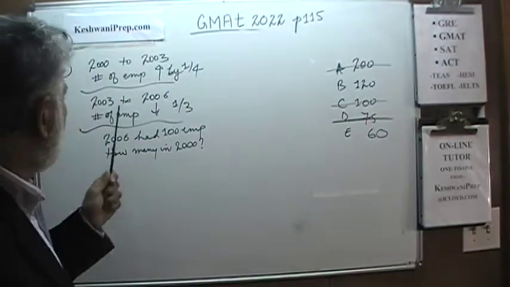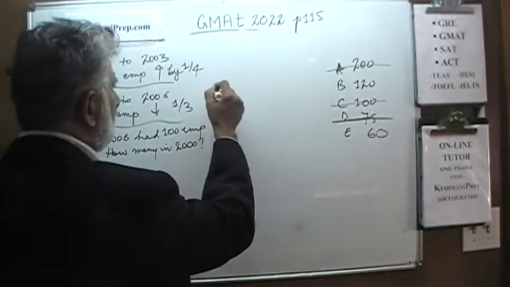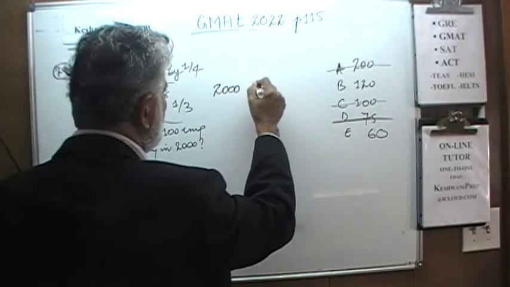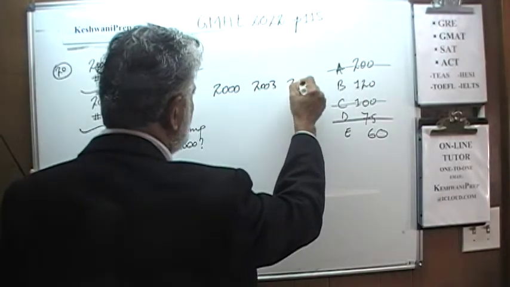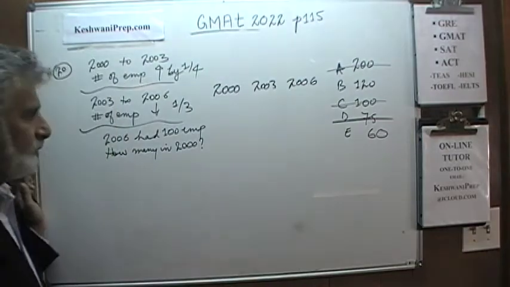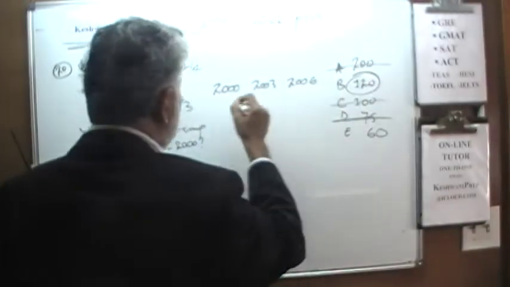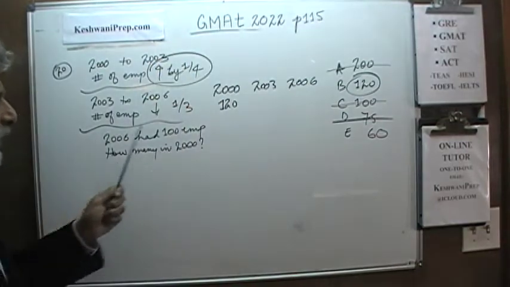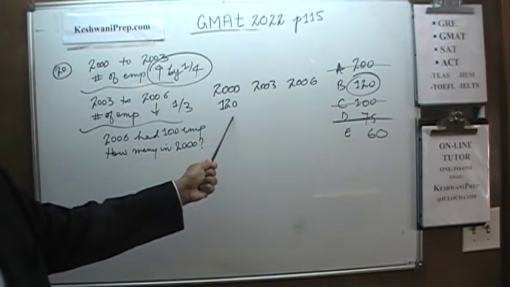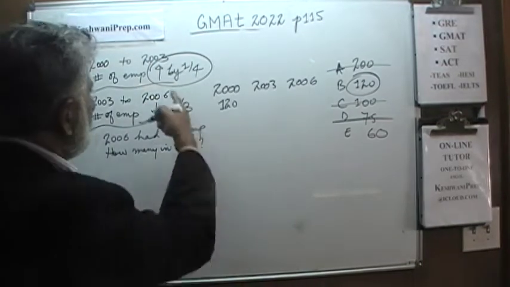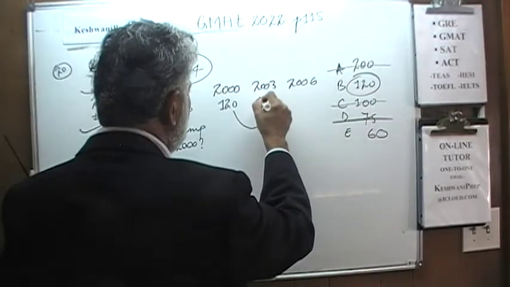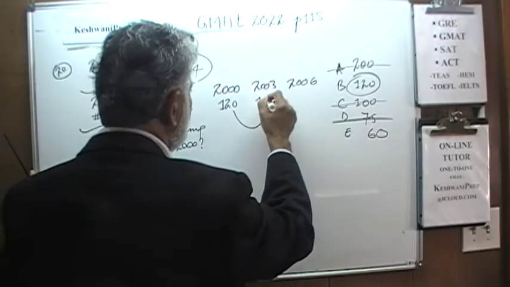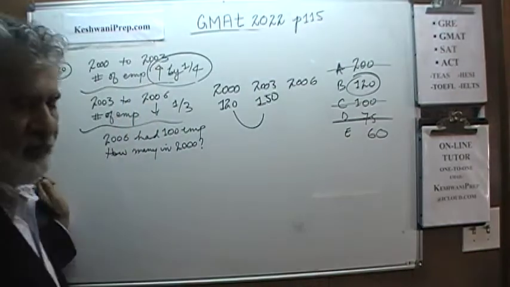Let's try 120. Let's put down here 2000, 2003, and 2006, and let's see if it works. If you start out with 120 in 2000, we are told that it goes up by a quarter. Half of 120 is 60, a quarter will be 30, so it goes up by 30 and becomes 150.